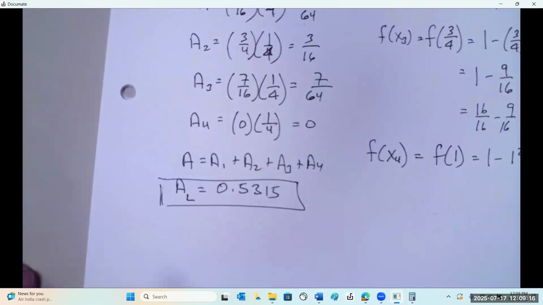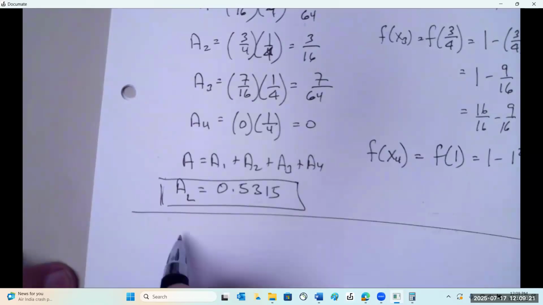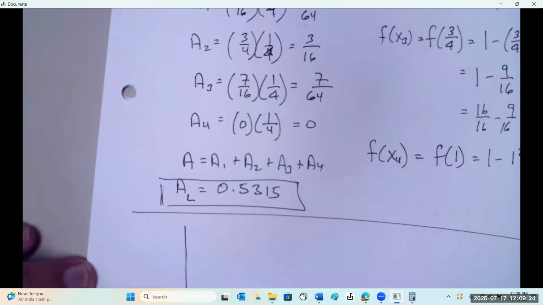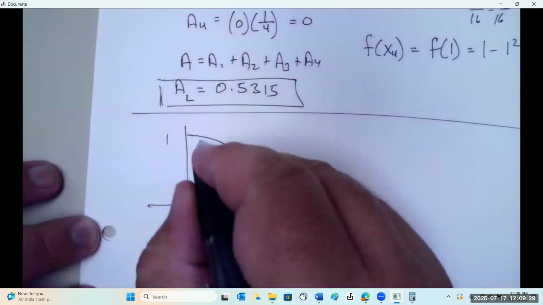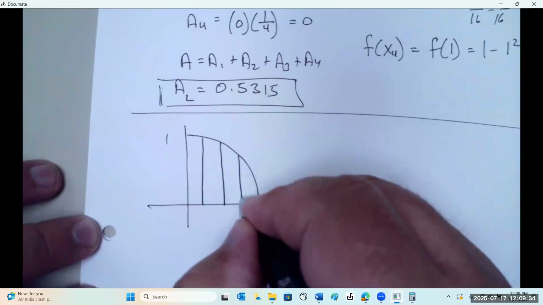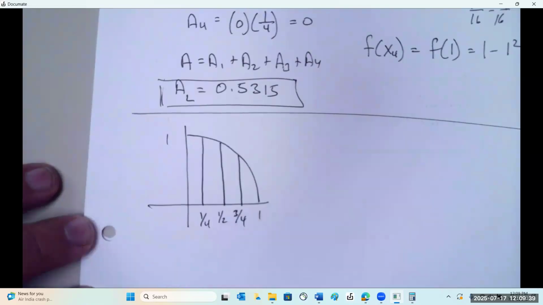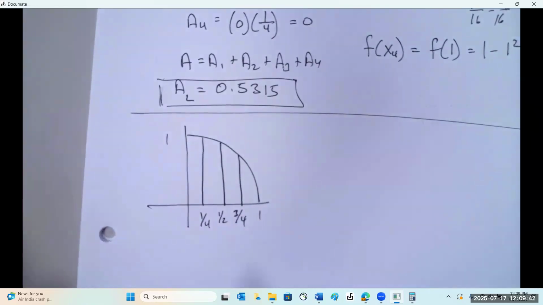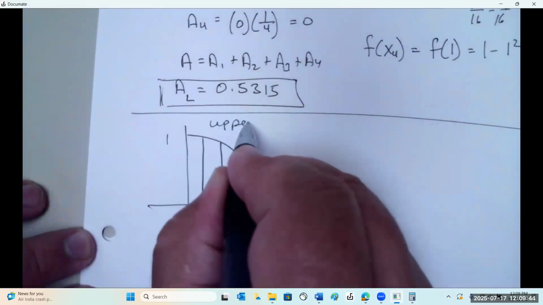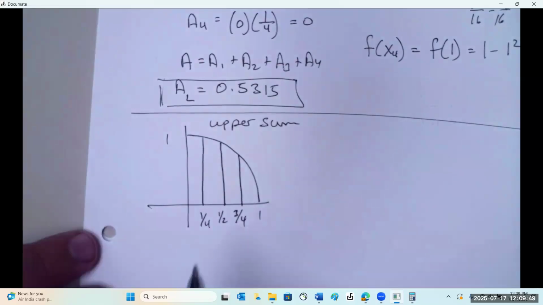We do the same thing now for the upper sum. But what changes now? We have 4 intervals. Since we want the upper sum, which means now we have to overestimate, do we use the left or right endpoint?